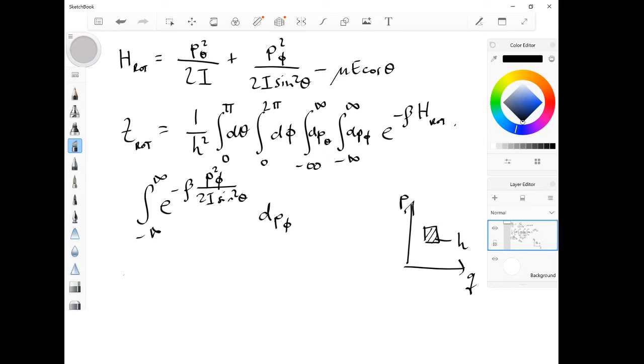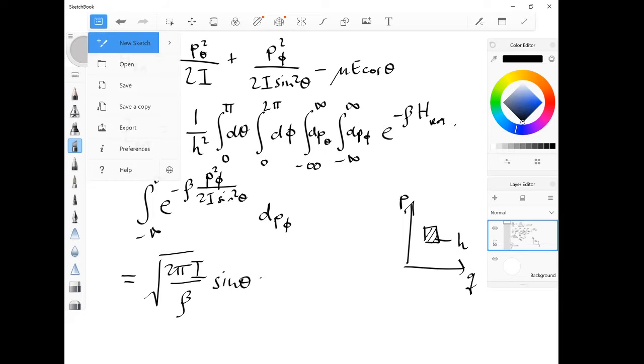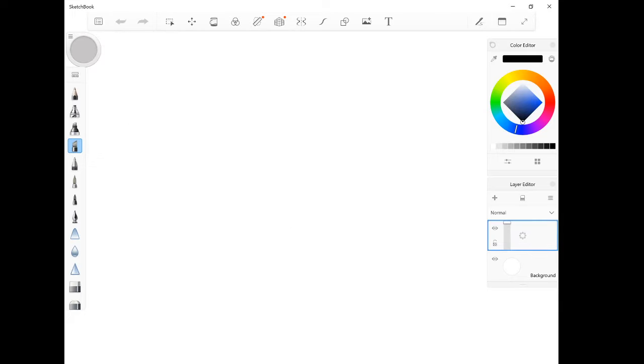Alright, so this integral is going to evaluate to 2 pi I on beta sine theta. And so this is now going to track into the rest of our integral. And let me just start a new sketch.